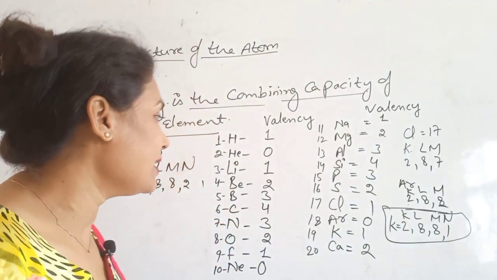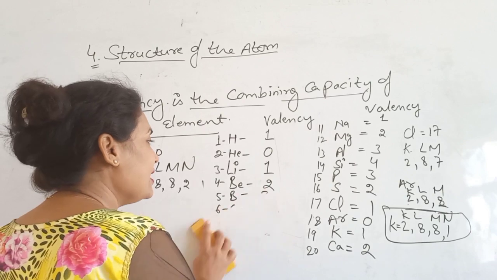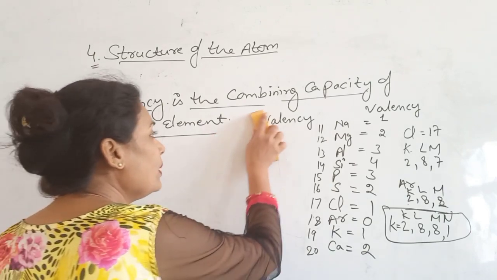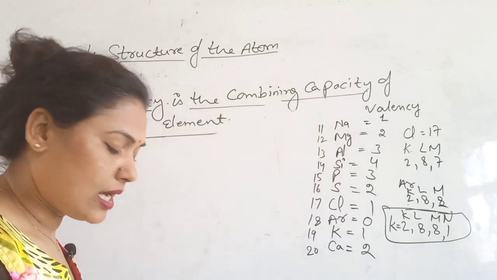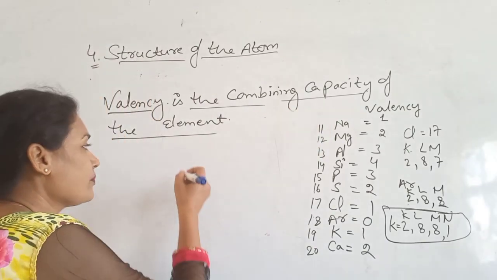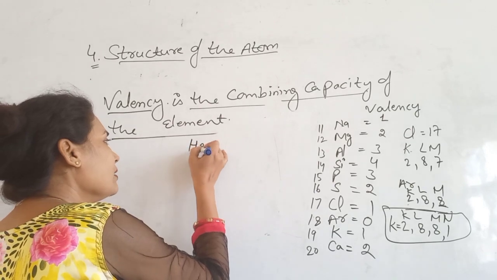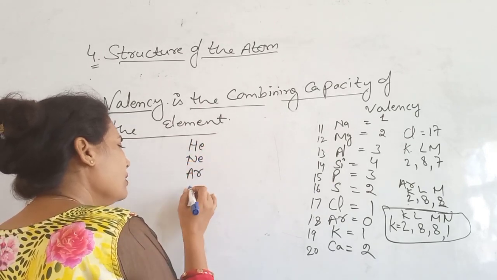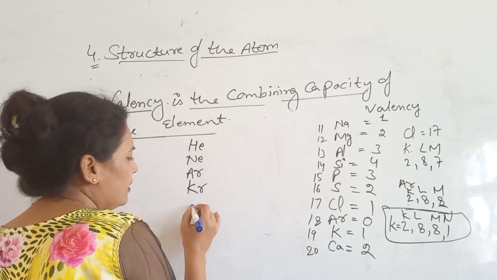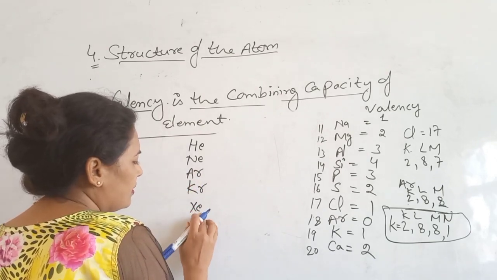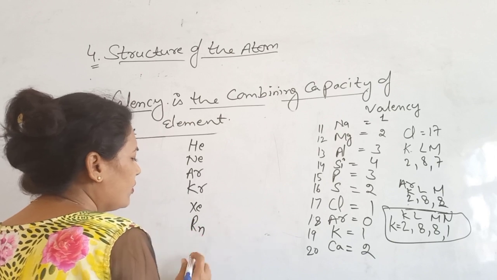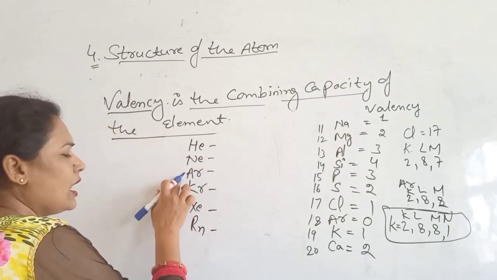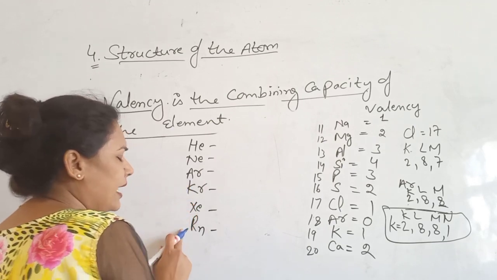Okay, so what are these? Let me explain. These are also known as noble gases. You can learn them like that: helium, neon, argon, krypton, xenon, radon.